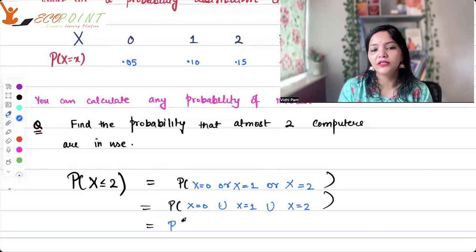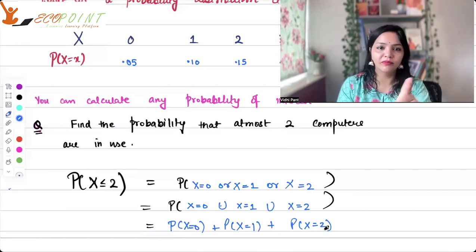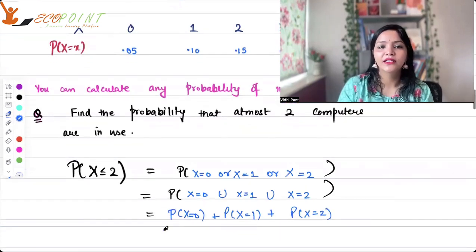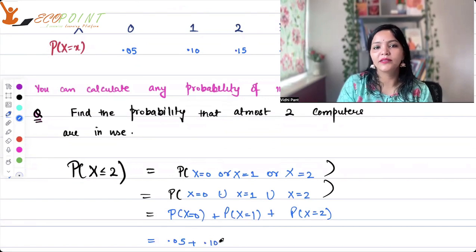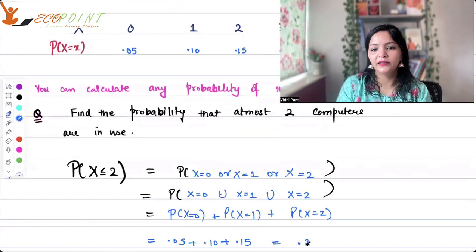So, therefore, this would be nothing but probability x equal to 0 plus probability x equal to 1 plus probability x equal to 2. Now, from the table, you can get the values 0.05 plus 0.10 plus 0.15. Probability that x is less than or equal to 2 is 0.3 or 30% chance.